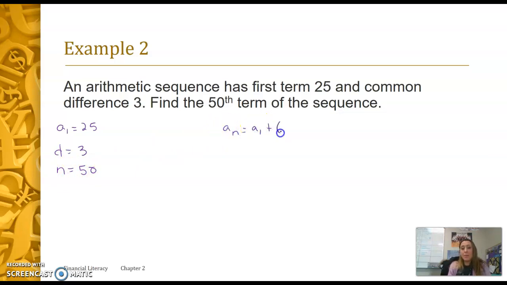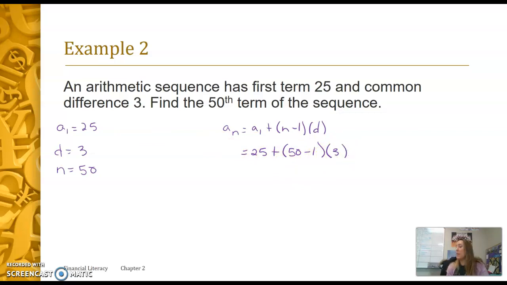We're going to use the same formula. And I usually put d like that, just so I remember, because I can put all of this in my calculator. So I have 25, that's a sub 1, plus my n, which is 50, minus 1, times my d, which is 3, right there.